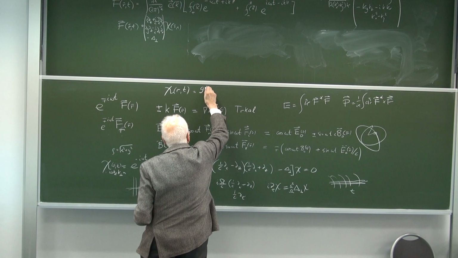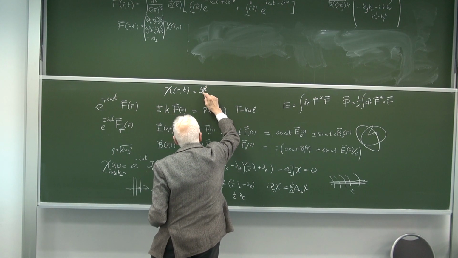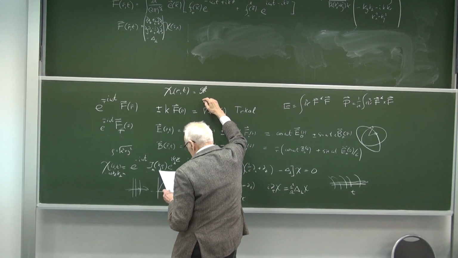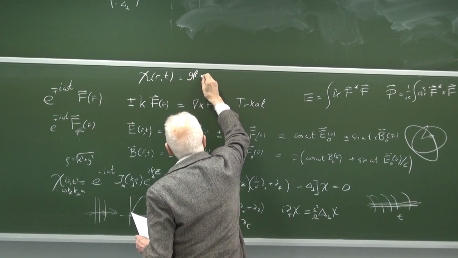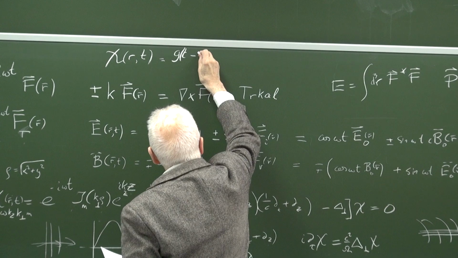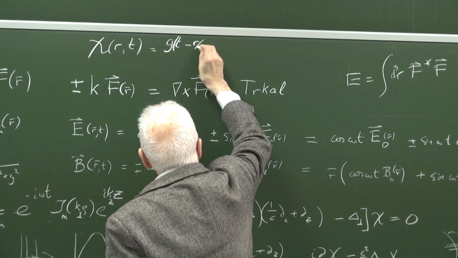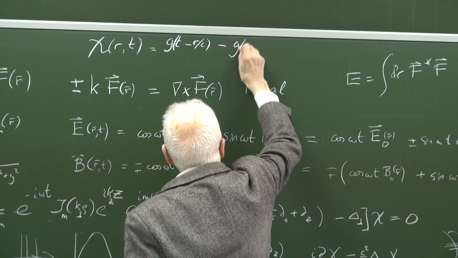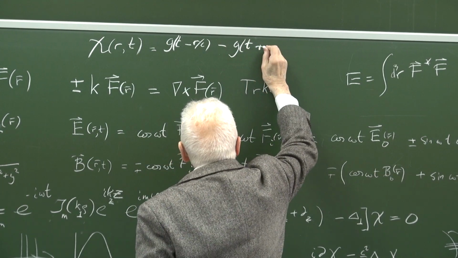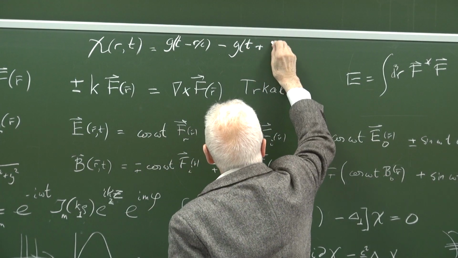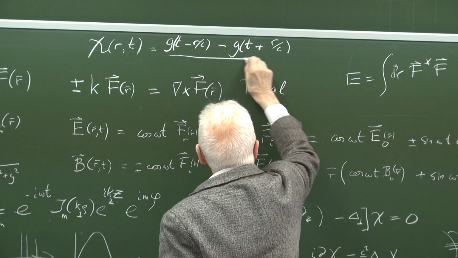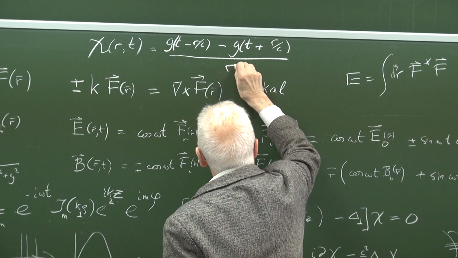You take a function g, which is a function of ct minus r, divided by c, minus g of t plus r divided by c, and all that is divided by r.